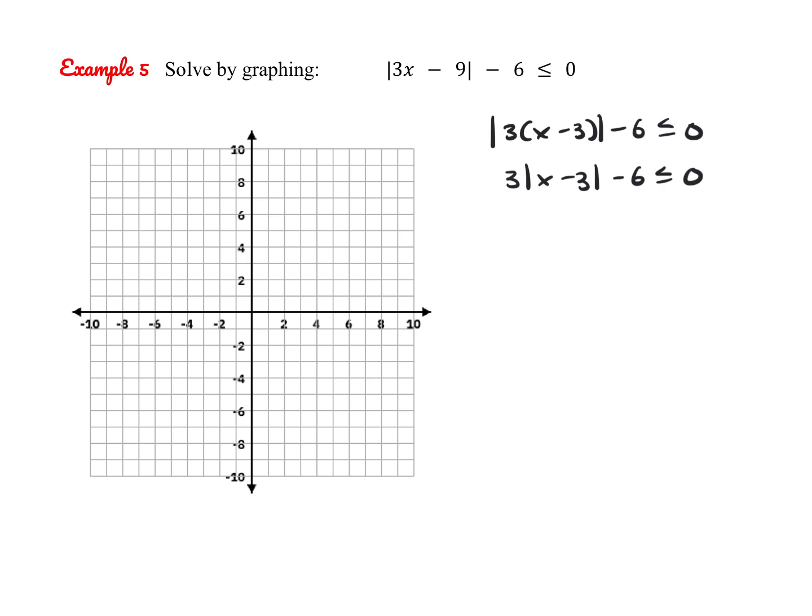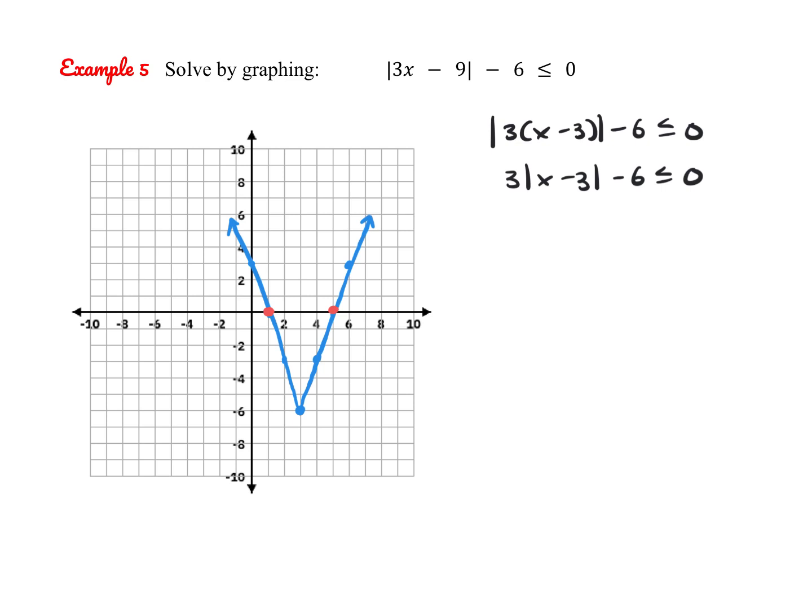So I have 3, -6 as my vertex, and I can see my a value is 3, so I'll use that to follow my slope to the right and left. Okay, so here I am able to determine that I have x-intercepts at 1 and 5, so this is a nice one. This is a problem that you can actually do by graphing.